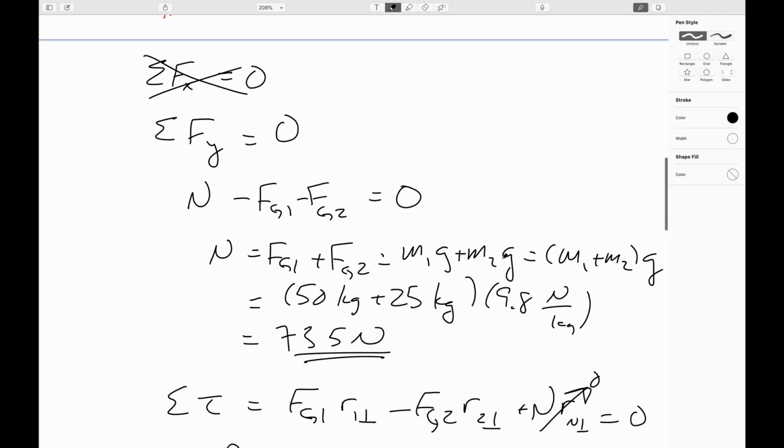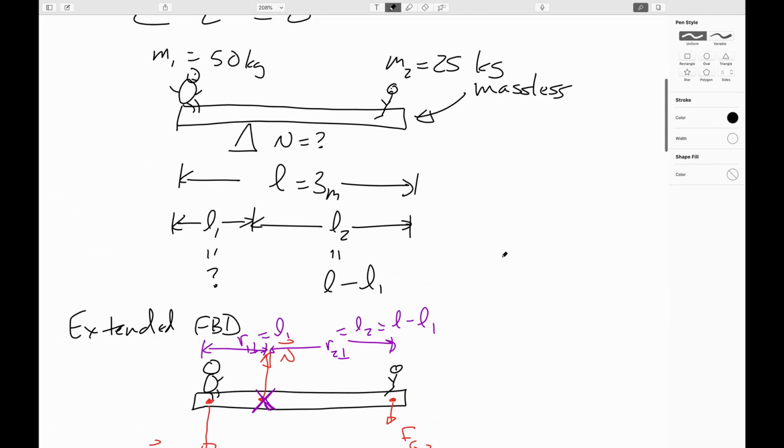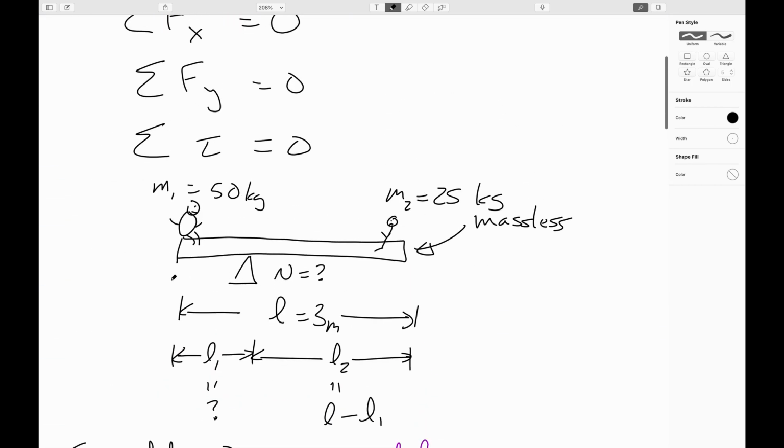I think it's worth doing this again. This is because when you're in static equilibrium, like we are right here, where the teeter-totter isn't rotating, you can say we picked this fulcrum as our axis of rotation because there's a fulcrum there, right?